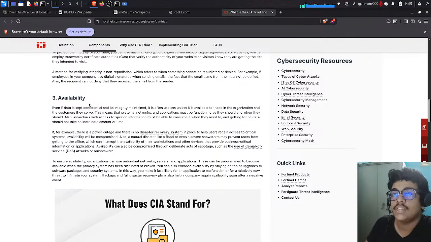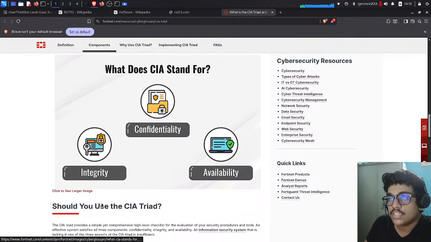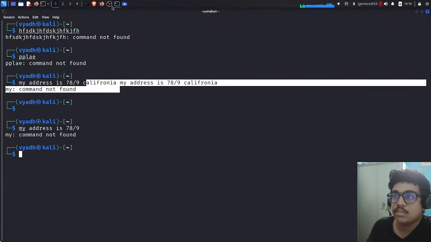This is known as the availability of data: when you need it, the data should be available. Availability is exploited by DoS attacks or ransomware attacks. We will discuss in detail what a ransomware attack is in a later session. So this is the CIA triad, and it is the most important topic of cybersecurity.